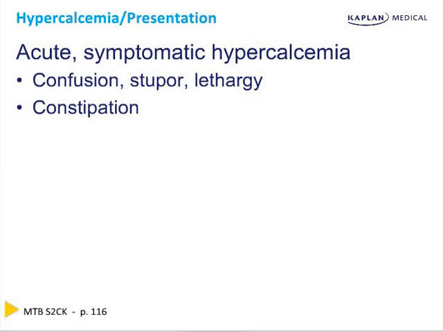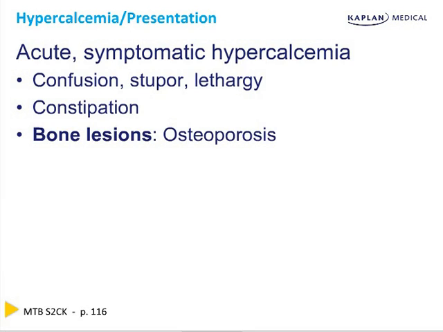Bone lesions such as osteoporosis can also occur when people are acutely symptomatic, but that has more to do with the fact that osteoporosis leads to the hypercalcemia rather than the person who is hypercalcemic getting osteoporosis.